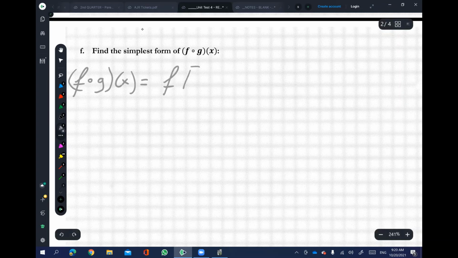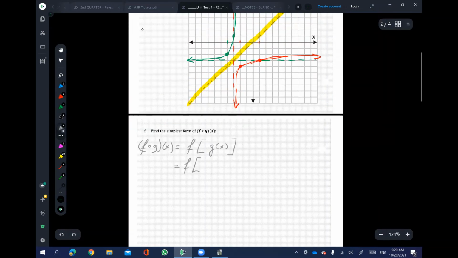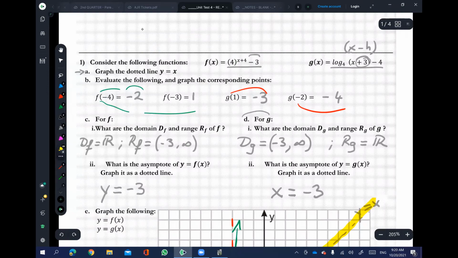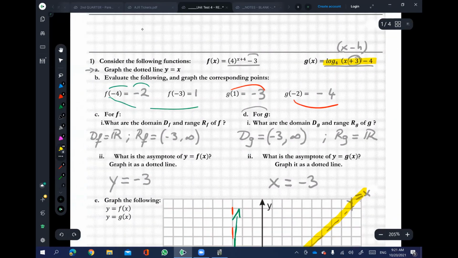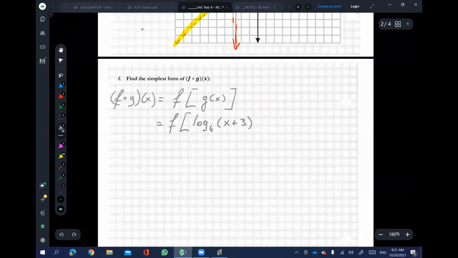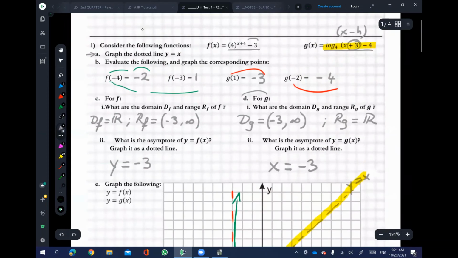So f of g of x, which would be logarithm base 4 of x plus 3, minus 4.